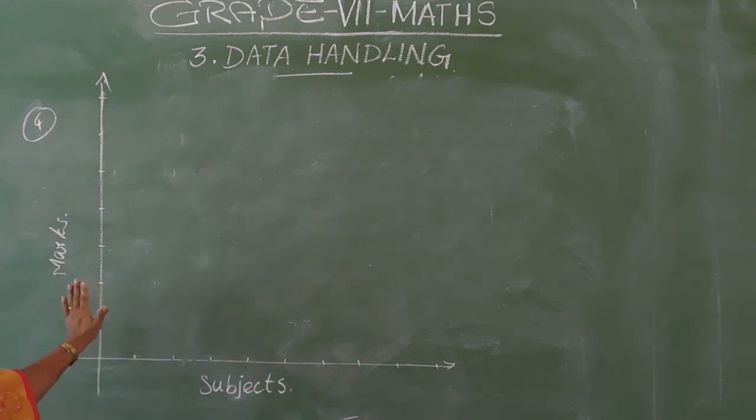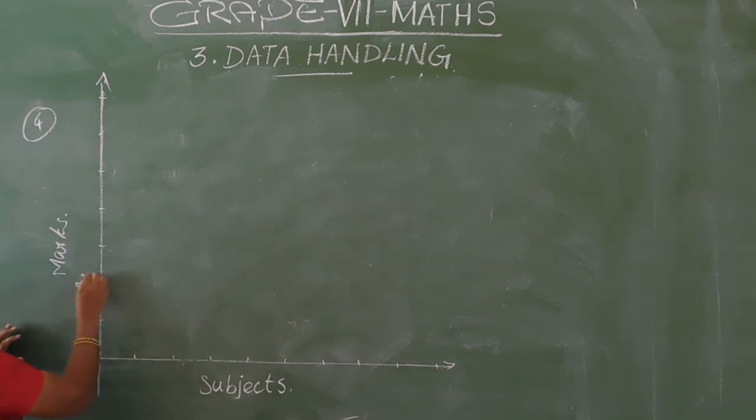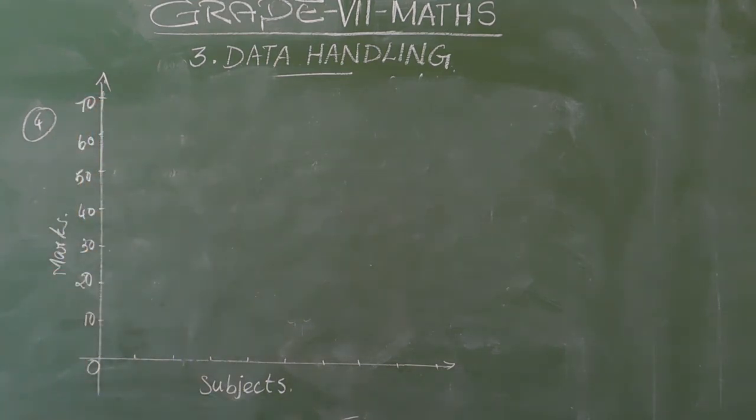Okay, we'll take the unit as 10. 1 unit equal to 10 marks. Okay, so 0, 10, 20, 30, 40, 50, 60, 70, 80, 90 in your graph sheet you can take.